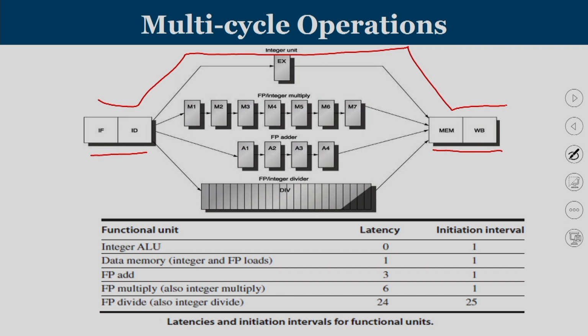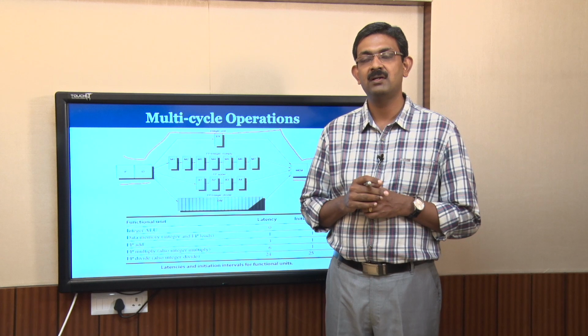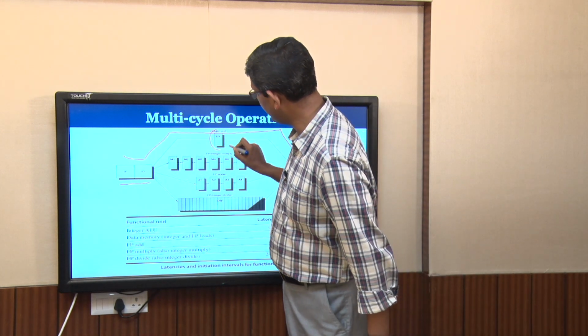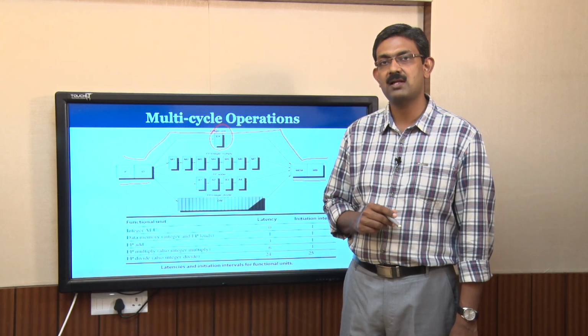This is what we call the integer pipeline, where the execution stage can be over in a single clock cycle. When you have instructions which consist of floating point operations, this single cycle integer unit may not be the right functional unit to carry out the task.